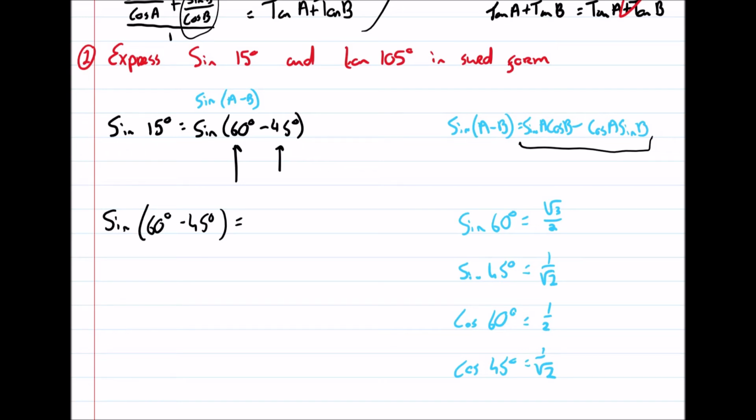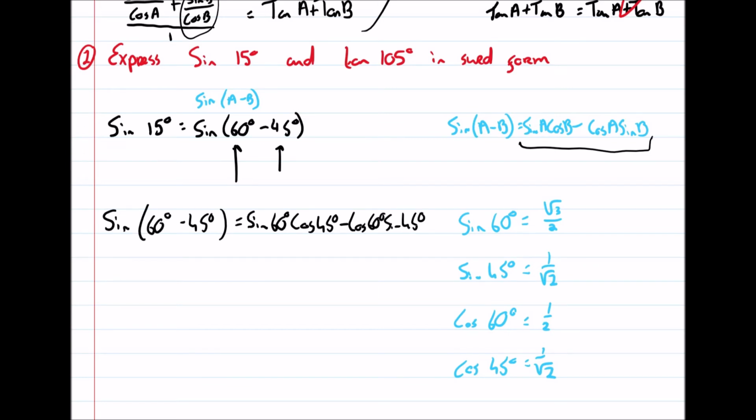So the sine of 60 minus 45 is the same as the sine of 60 degrees multiplied by the cos of 45 degrees minus the cos of 60 degrees multiplied by the sine of 45 degrees.